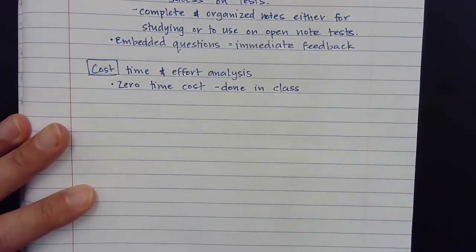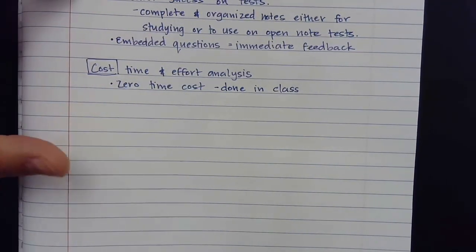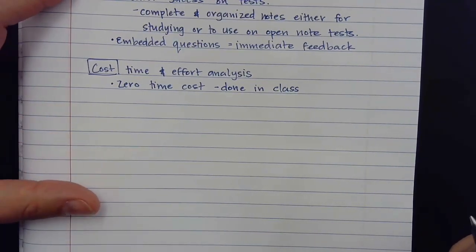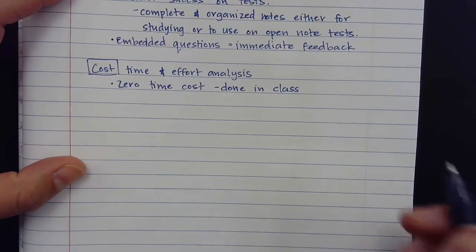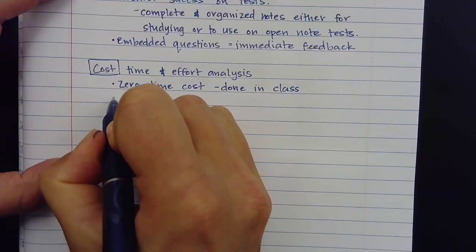So I am not flipping my classroom. I'm not expecting that students are doing these for homework. These are being done in class, which means that students are going to be sitting in the room anyway, and so there's zero time that they are losing. That cost analysis is done for them.